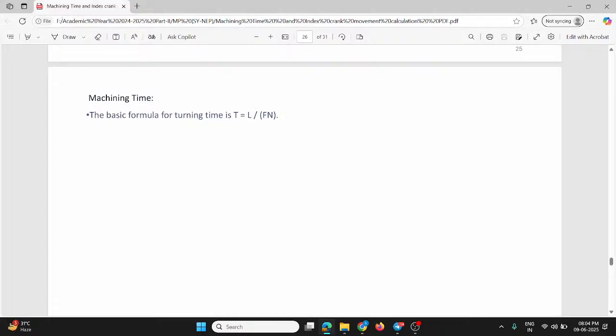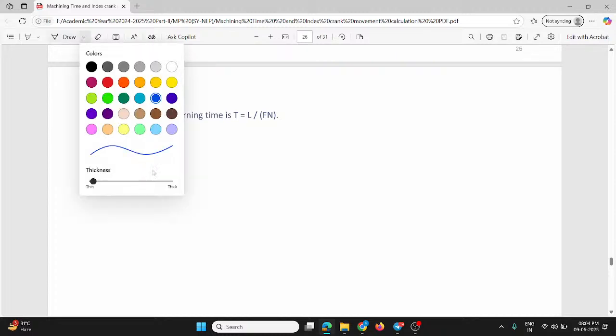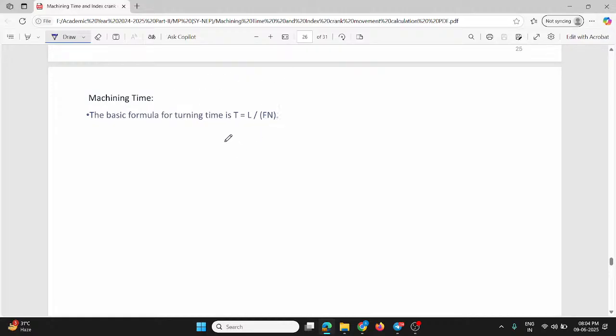So this L is the length of tool travel. The length of tool travel equals the total length of the workpiece plus the approach length plus the over travel.